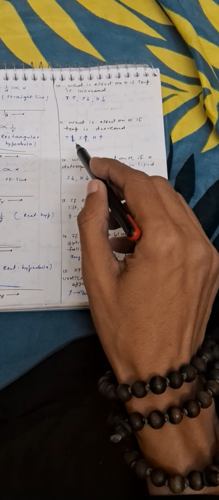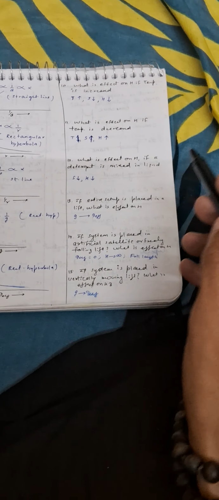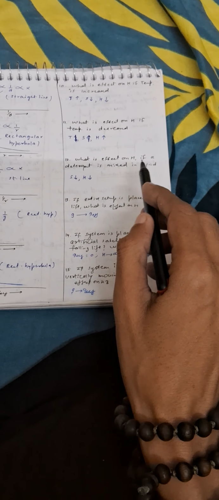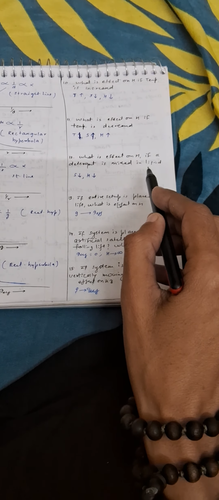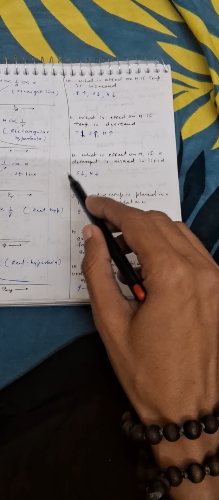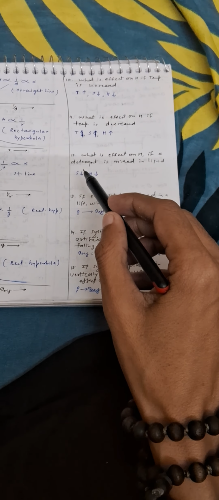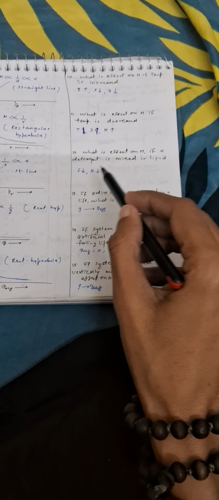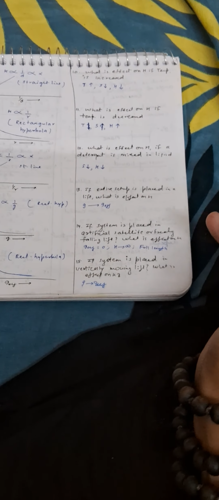If temperature decreases, surface tension will increase, so height will increase. Next, what is the effect on h if a detergent is mixed in the liquid? Detergent reduces the surface tension, and hence as an impact of that, height will also reduce.